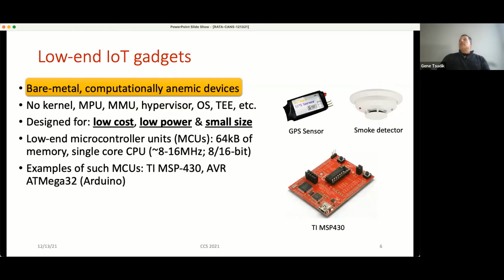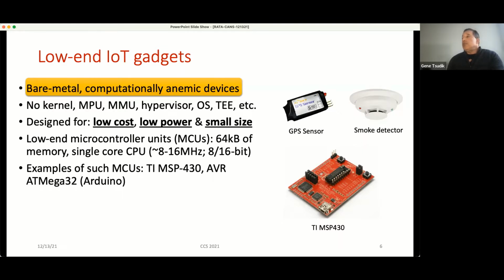To give you a more concrete example of the kind of MCU, or microcontroller unit, that will run this kind of edge IoT gadget, something like a Texas Instruments MSP430 or AVR ATmega, otherwise known as Arduino, would be good examples of those kinds of devices.